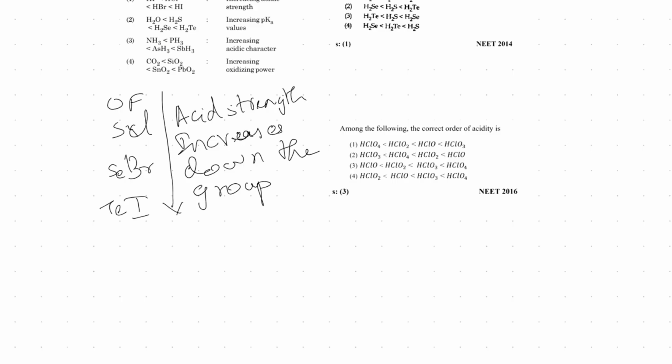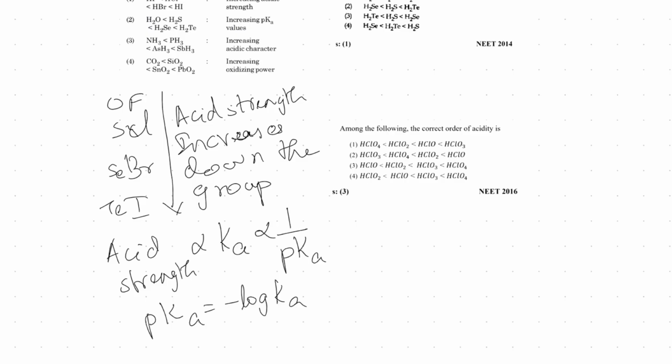So acid strength is directly proportional to Ka, the dissociation constant of the acid. So it is inversely proportional to pKa. So down the group, acid strength increases.